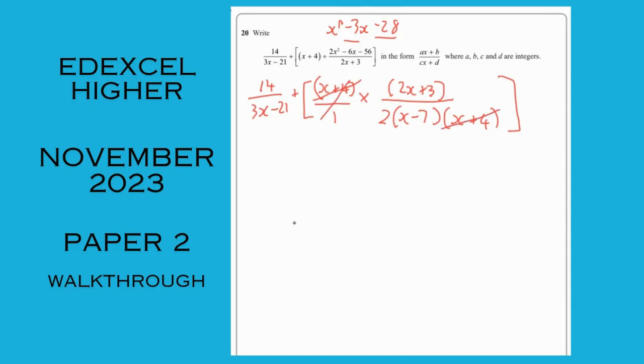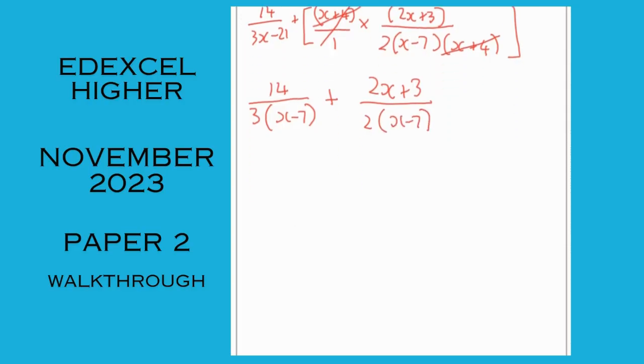So that stuff really disappears. So what we've got over here, we've got 14 over 3 lots of x minus 7 added. Here we've got 2x plus 3 lots of 2x minus 7.